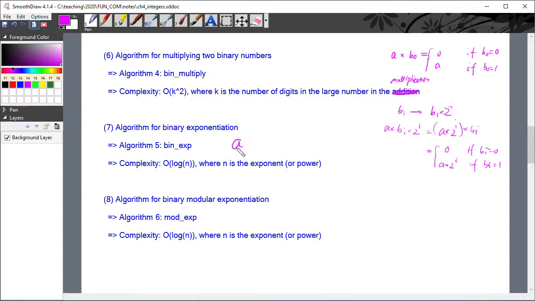So to calculate a base raised to exponent n, the trivial implementation is that you have b times b times b times b. So we have to do a total of n minus 1 multiplications.